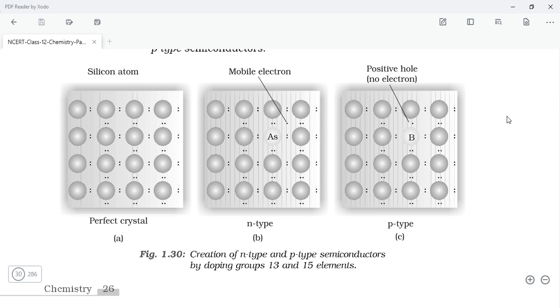And then you add a boron-like compound where the number of mobile electrons is less than in the original perfect crystal. Then it is called the p-type semiconductor. Figure 1.3. Creation of n-type and p-type semiconductors by doping with group 13 and 15 elements.